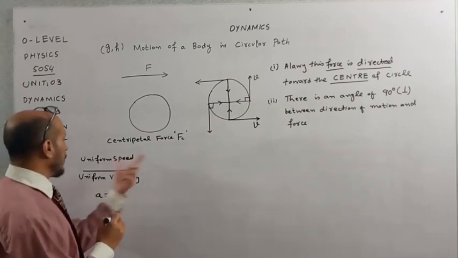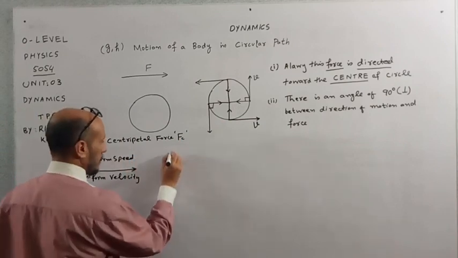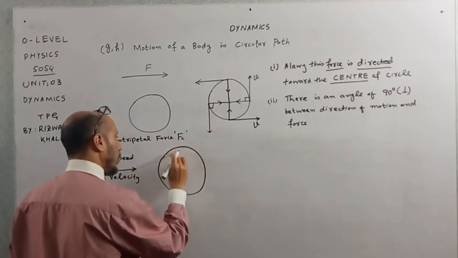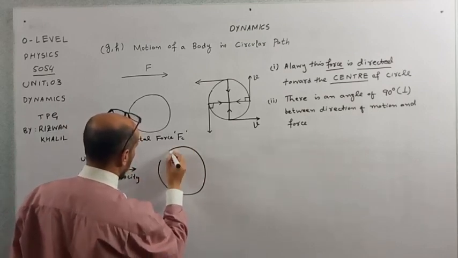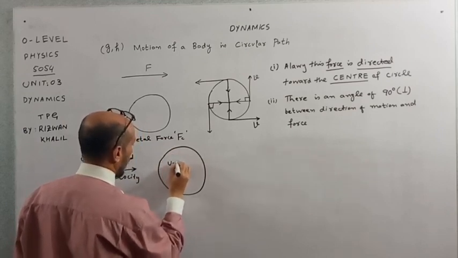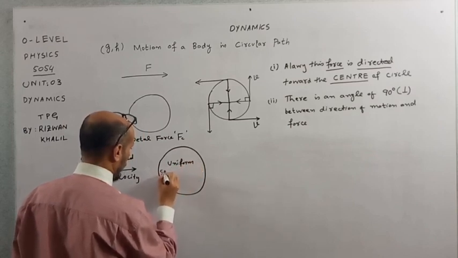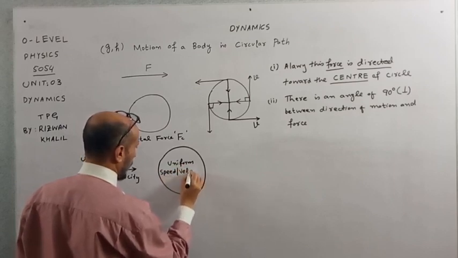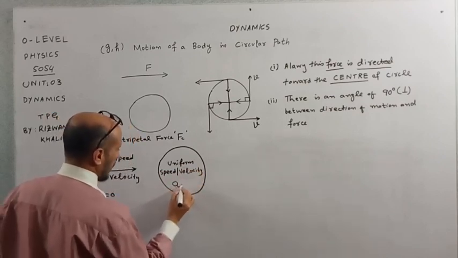Now if the same body is moving with the same speed, that is uniform speed or uniform velocity, in a circular path, what will be the value of acceleration?